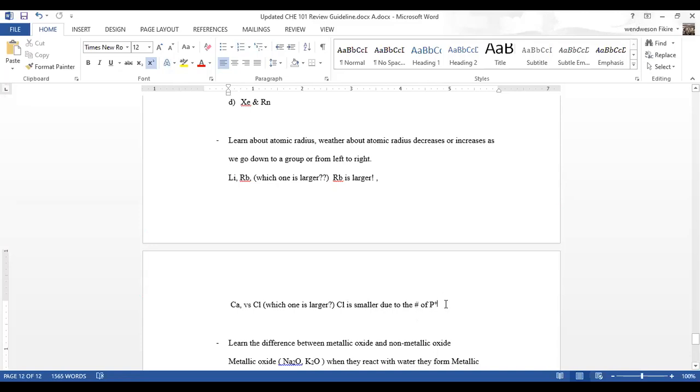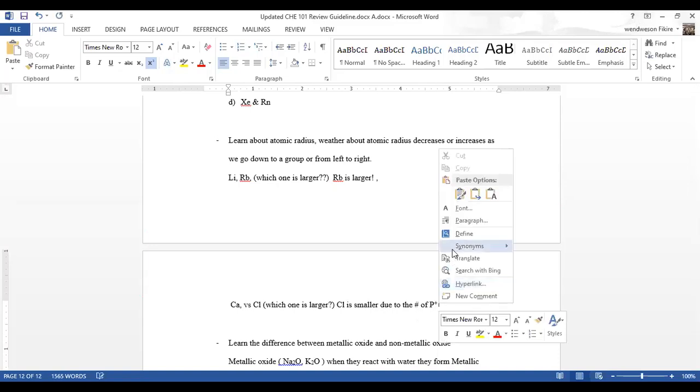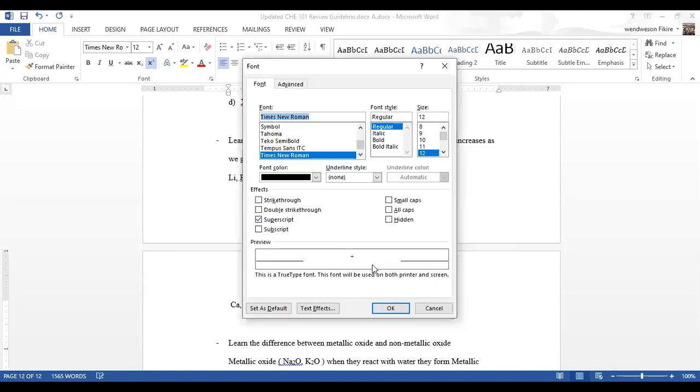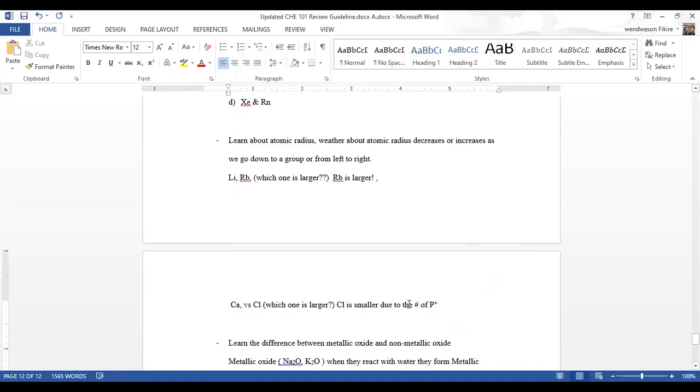If you would like to search on that, you can write nuclear effect. I don't know if that is included in your research project. If the number of protons is higher, it pulls in the electrons in the outermost shell, so the atom shrinks.